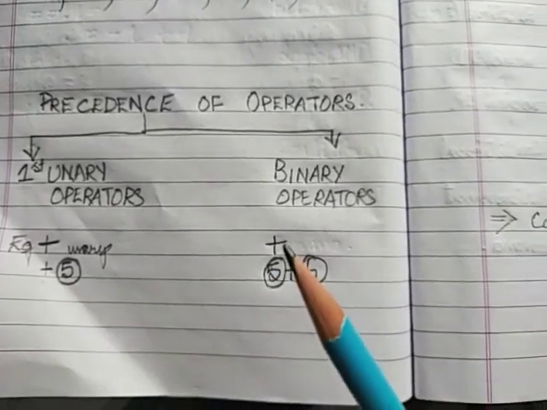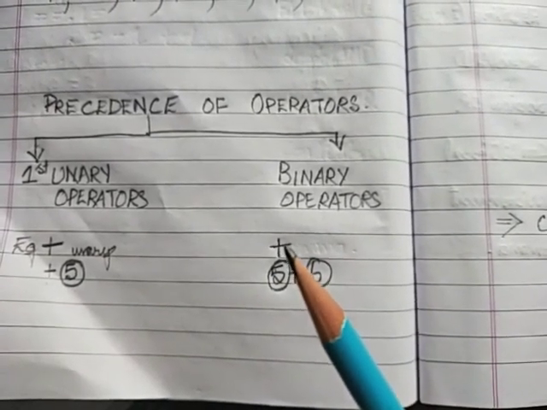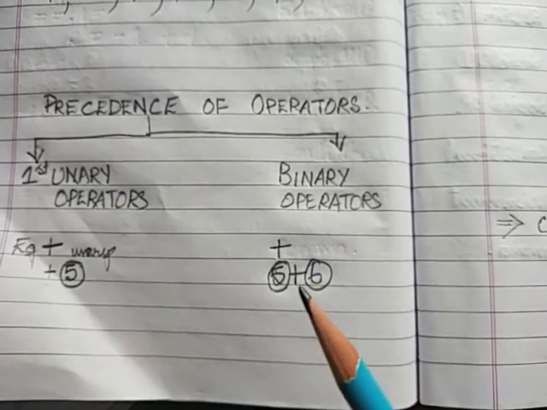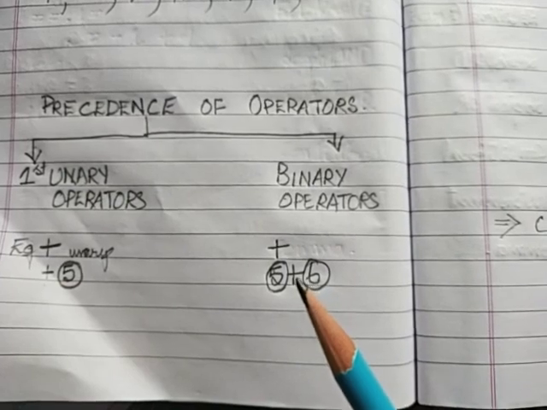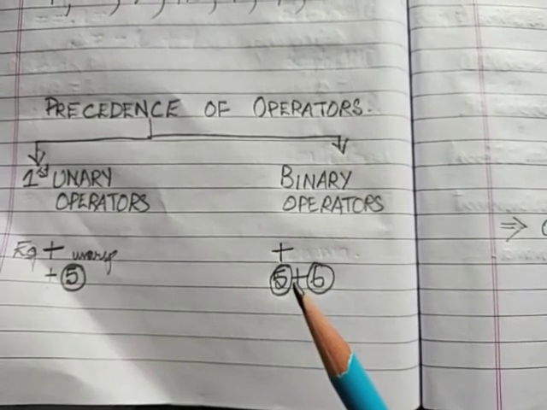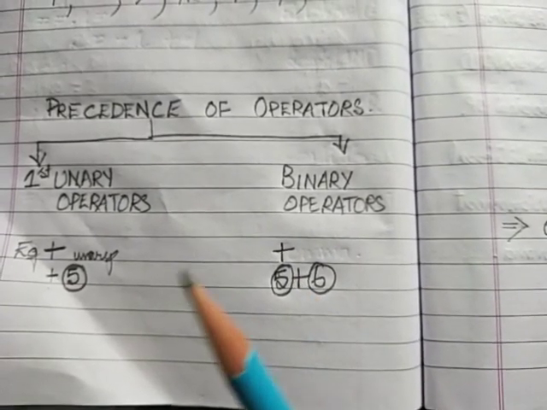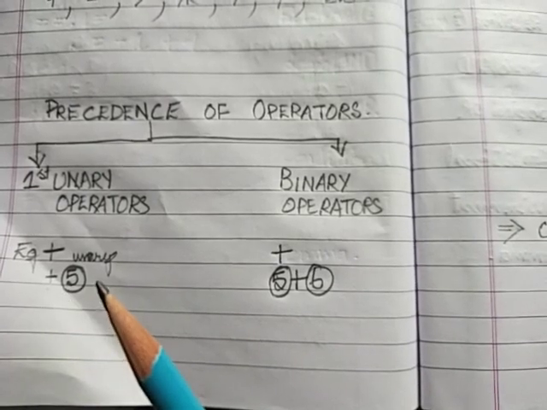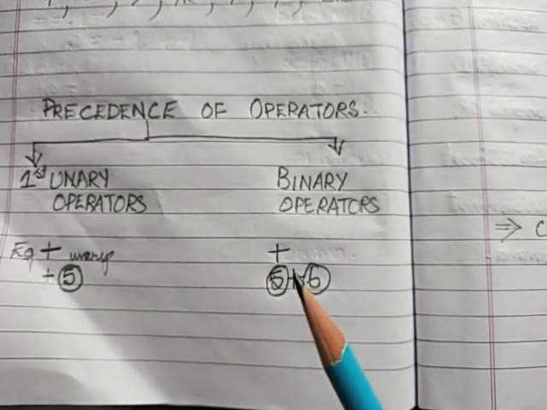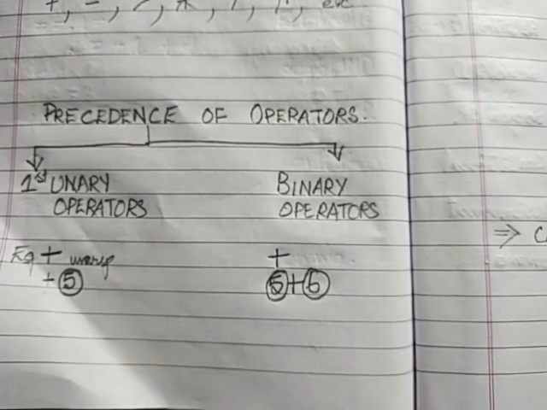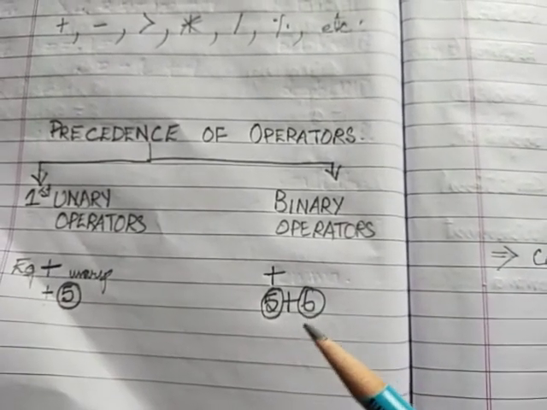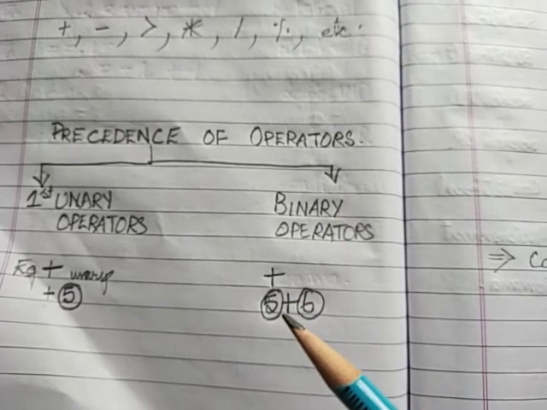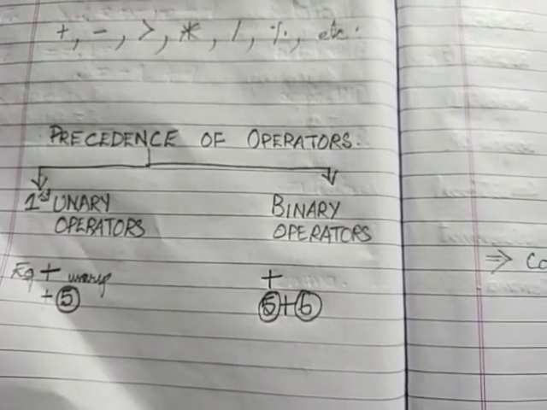But over here this plus is the addition operator. It needs two operands, that is 5 and 6, and the strength of this operator becomes a little bit weaker compared with the +5. Why? Because the strength needs to be divided between two operands instead of only one.